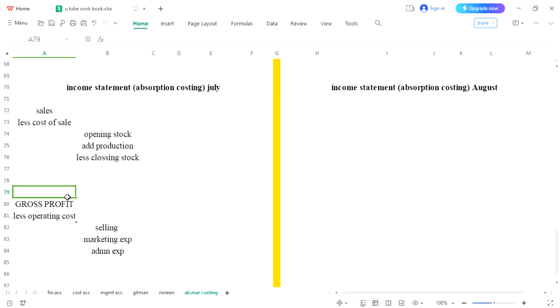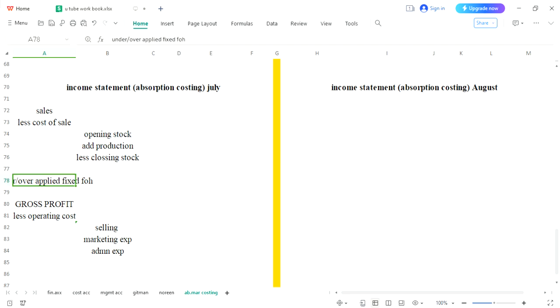This is very important for you. Here you will see if there is any under or over applied FH, which would be associated with only fixed FH. So you may write it as under or over applied fixed FH.